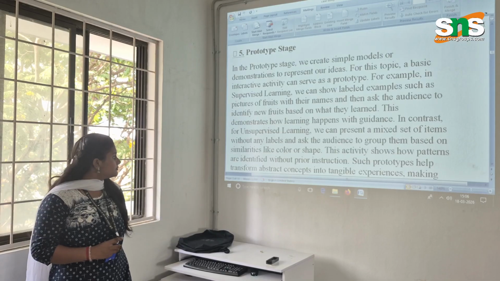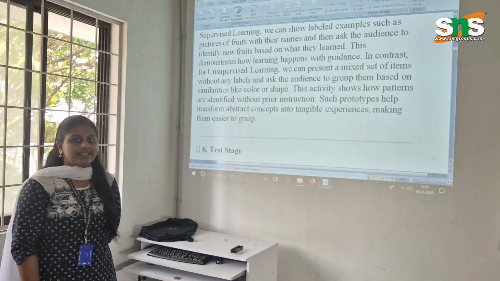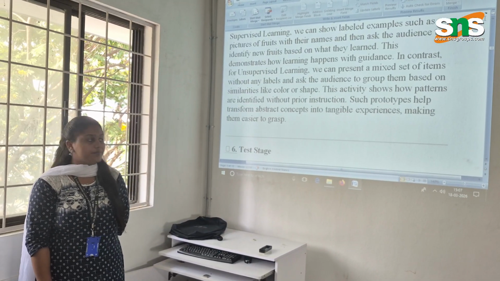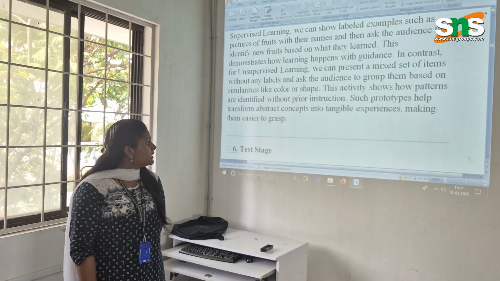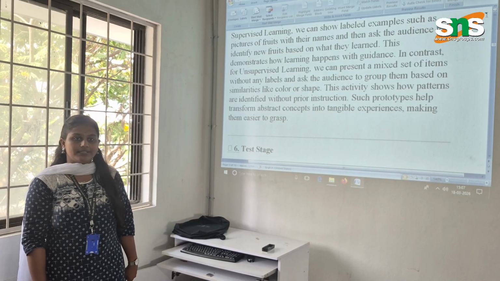And a prototype helps transform an abstract concept into experience, making it easier to grasp.